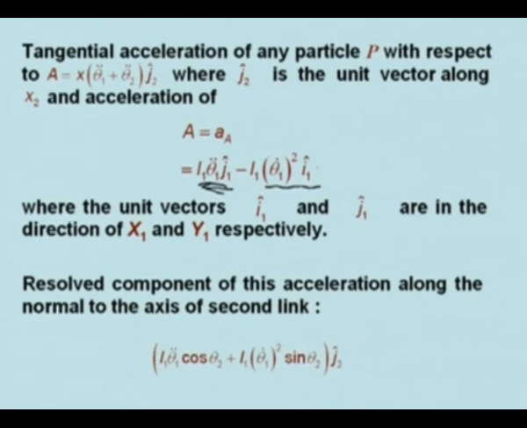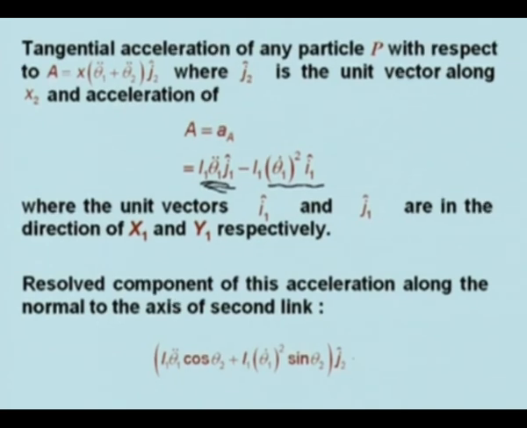Now the resolved components of this acceleration along the normal to the axis of the second link are like this. You resolve these components: L1 theta 1 double dot cos theta 2 plus L1 theta 1 dot square sin theta 2, into j2. So you have obtained the resolved component normal to the axis.